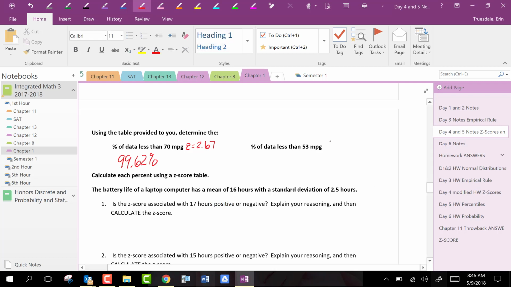Why don't you guys try this one? This one gave us a z-score of negative 0.17. Let's see if you can look it up. You're on the other side now, so go to the negative side.